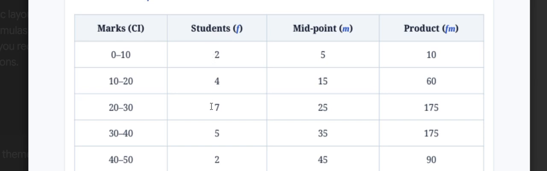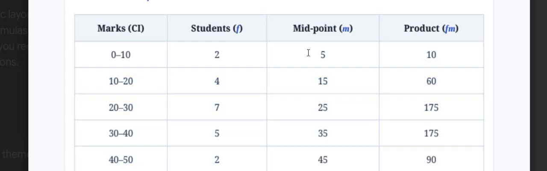Number of students is already mentioned here. So we have to take the lower limit and upper limit. So 0 plus 10 is equal to 10 divided by 2 is equal to 5. Similarly 10 plus 20 is 30, 30 divided by 2 is 15. Similarly take the total of it and divide by 2. 40 plus 50 is equal to 90 divided by 2 is equal to 45. This is how this mid value will come.